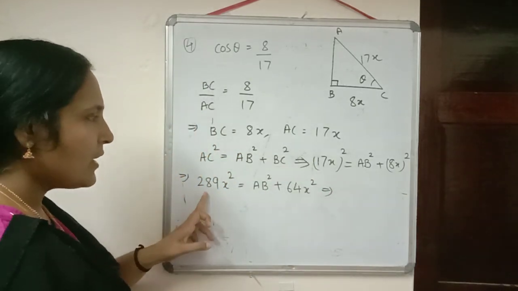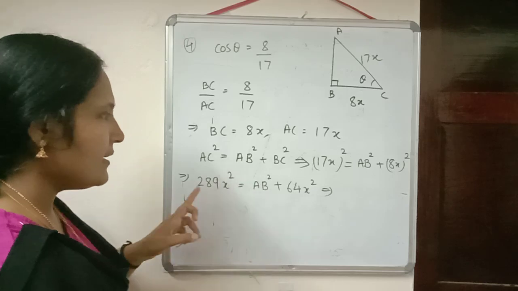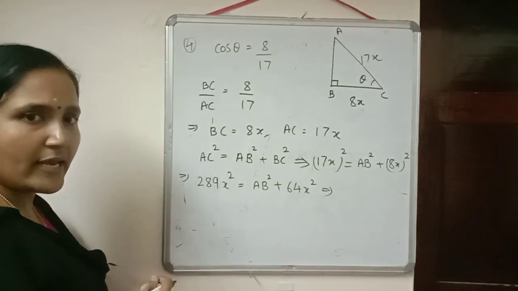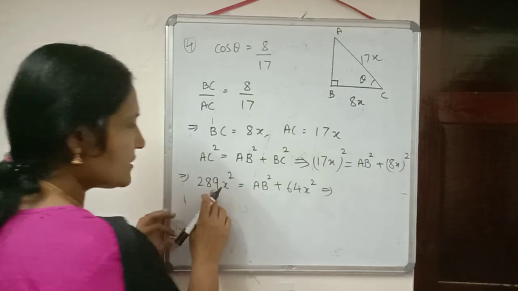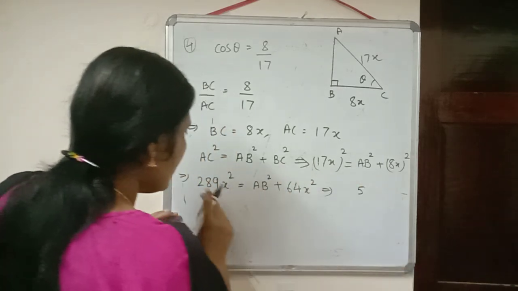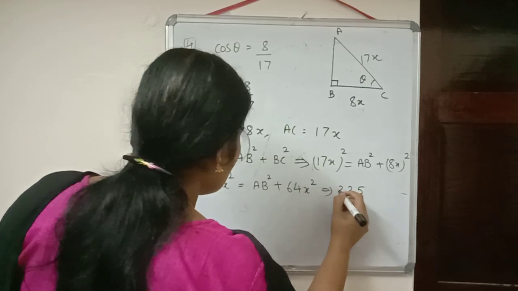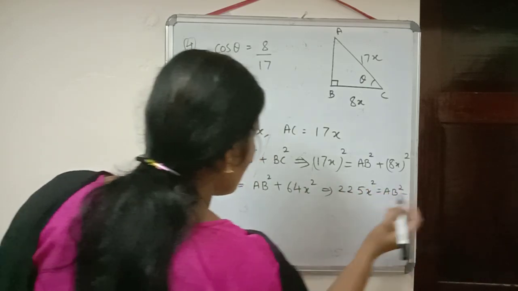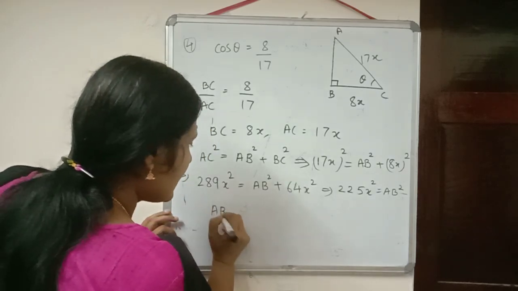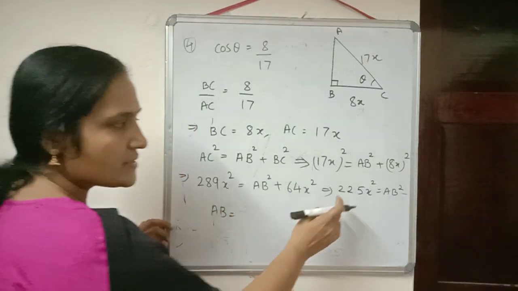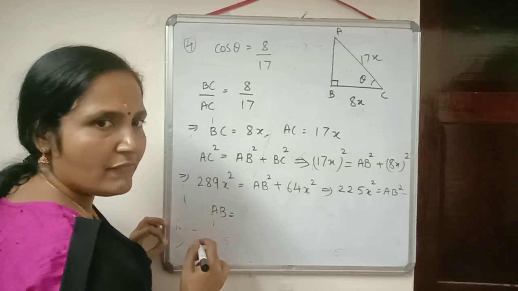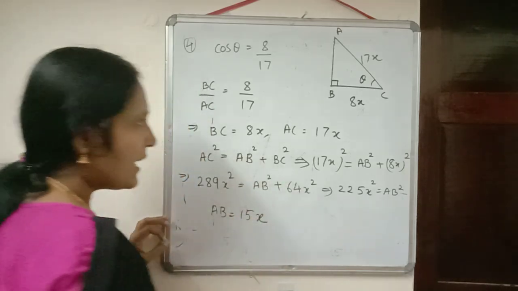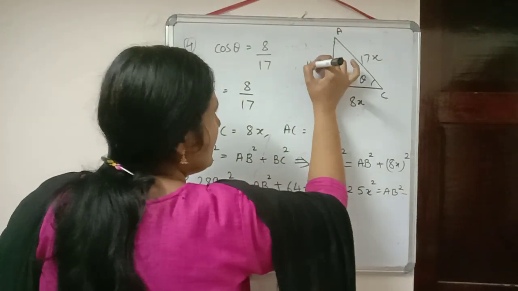Then it will come 289 minus 64. 289x square minus 64x square. So I am doing the subtraction also. 9 minus 4, 5. 8 minus 6, 2. So we will get 225x square is equal to AB square. So from here we will get AB is equal to, what is square root of 225? Yes, correct. It is equal to 15. So we will get AB is equal to 15x.